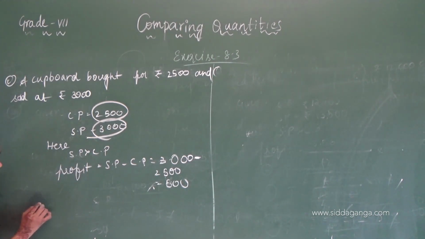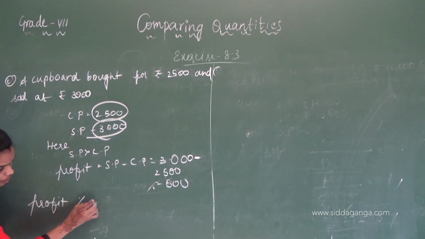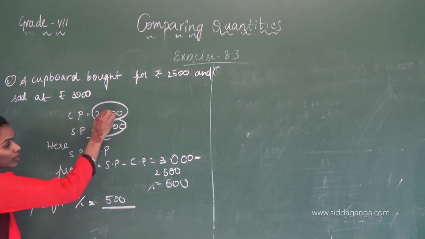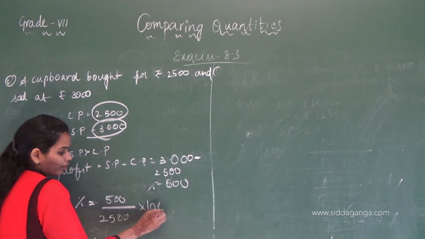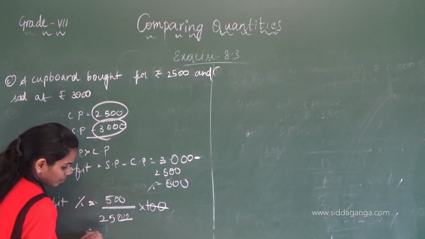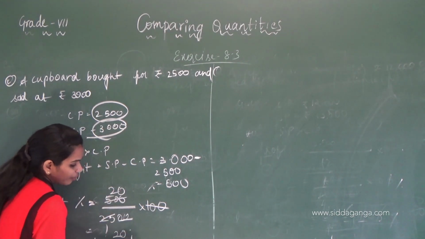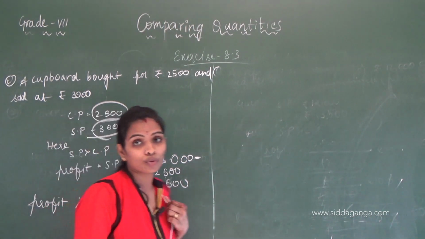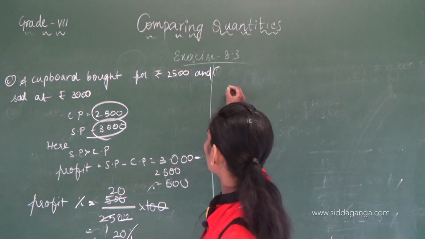And then the profit percentage. What is the profit percentage? 500 divided by CP, into 100. That is 20%. Therefore, there is a 20% profit in this transaction.